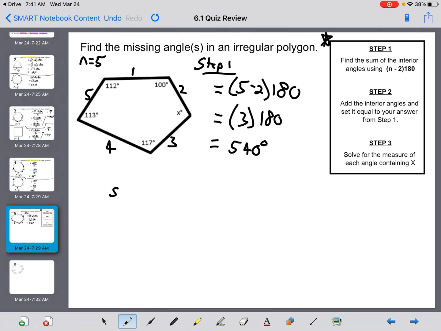Step 2 says to add the interior angles and set it equal to your answer from part 1. Well, I see one x value. That's what I'm going to write first. X plus. Now I'm going to add up 117, 113, 112, and 100.